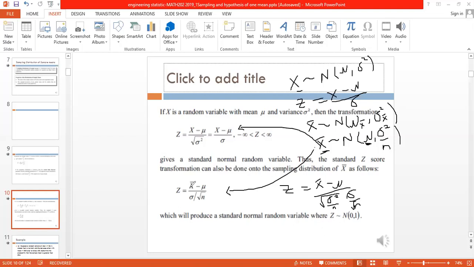So what we are saying is, if X bar is normally distributed with mean of mu and variance of sigma squared over n, then X bar can also be standardized into the Z statistic as X bar minus mu over sigma divided by the square root of n.